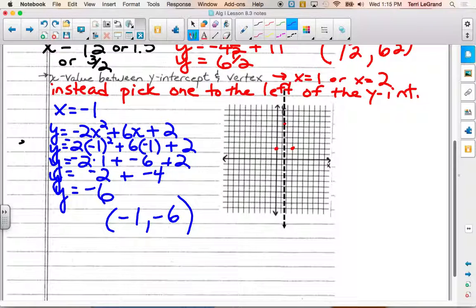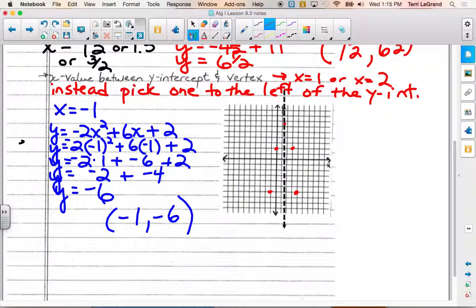So I go to my graph and I put a point at -1, -6, and good news, it's still going down, right? And then I reflect. Well, how far is that from the axis of symmetry? How many units? 2.5. So I'm going to go 2.5 the other way and make my 5th point.